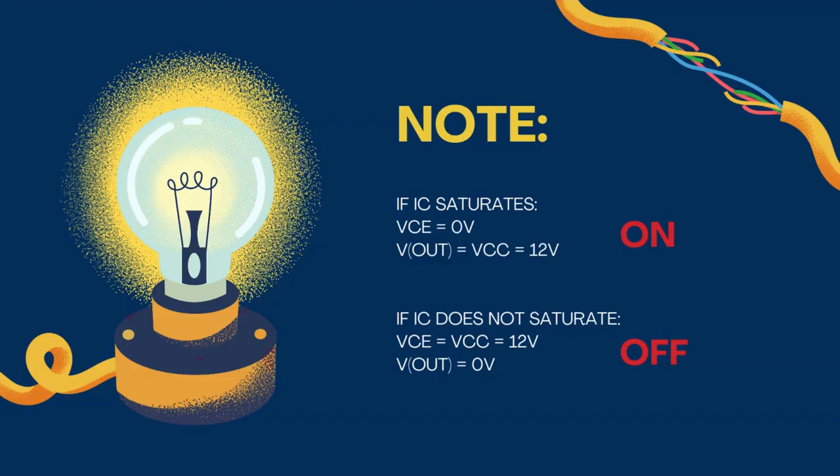Note that if the collector current saturates, VCE is equal to 0 volts, which is a virtual short circuit, and Vout is equal to VCC, which is 12 volts. Therefore, the circuit is on. While if the IC does not saturate, VCE is equal to VCC, which is 12 volts, and Vout is 0 volts, meaning the BJT switch is turned off.